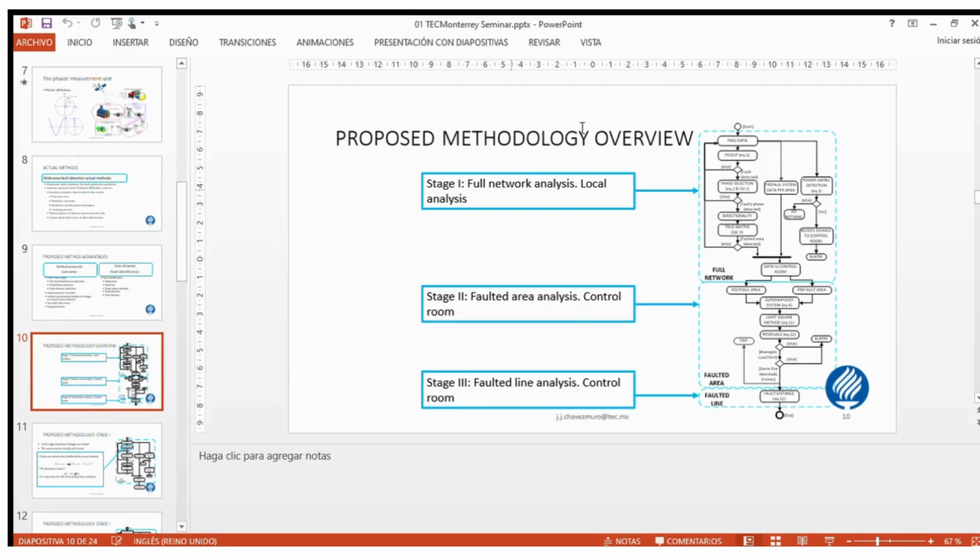Okay, this is the methodology itself. We split it in three main stages, as I told you before.